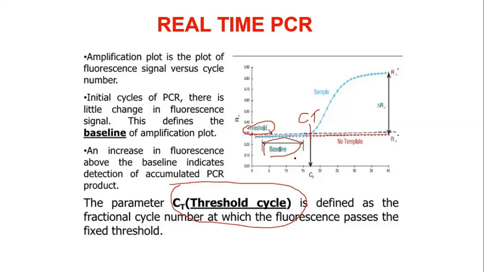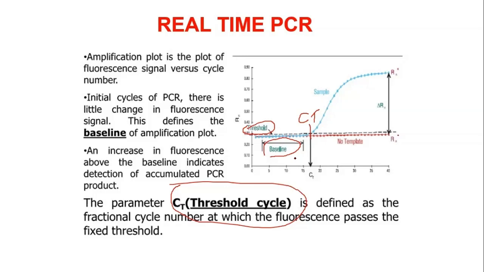When you are working with many samples, sample A, B, C, D, sample A will cross the threshold at one cycle, and sample B will cross this threshold value at a different cycle number. So the threshold value is the point where the signal of the fluorophore is detectable.